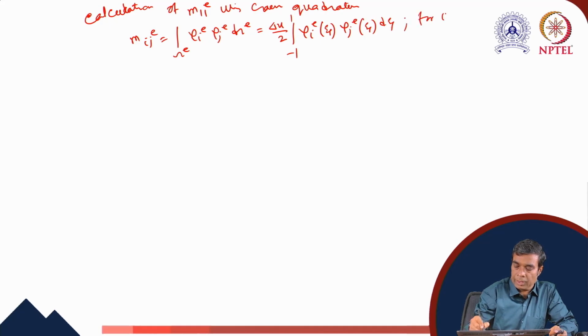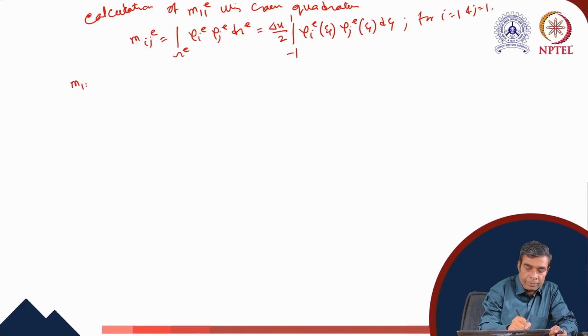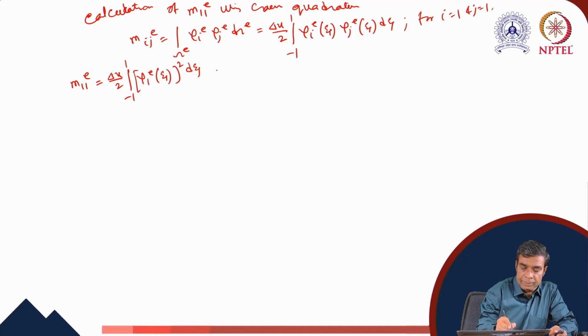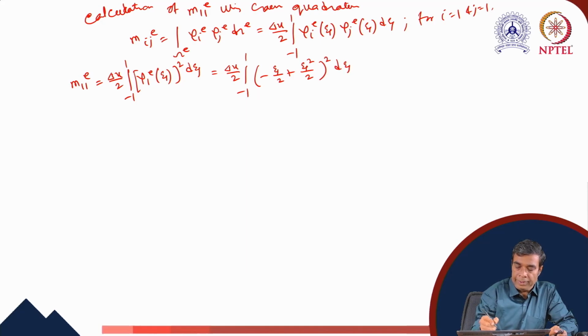For i equals 1 and j equals 1, M11E equals delta x by 2 integration minus 1 to 1 of psi 1 whole square d xi. This gives us delta x by 2 integration minus 1 to 1 of minus xi by 2 plus xi square by 2, whole square, d xi.